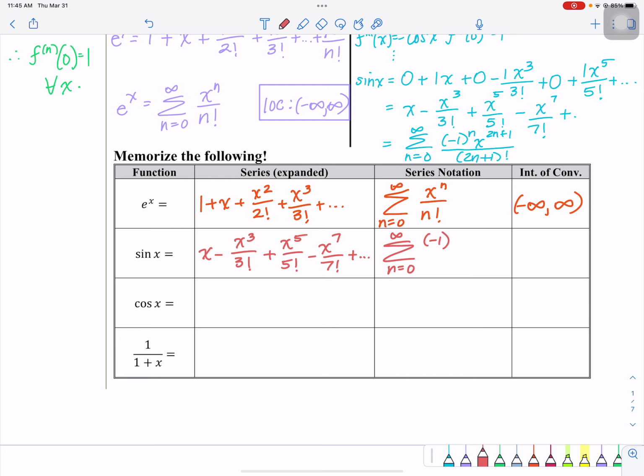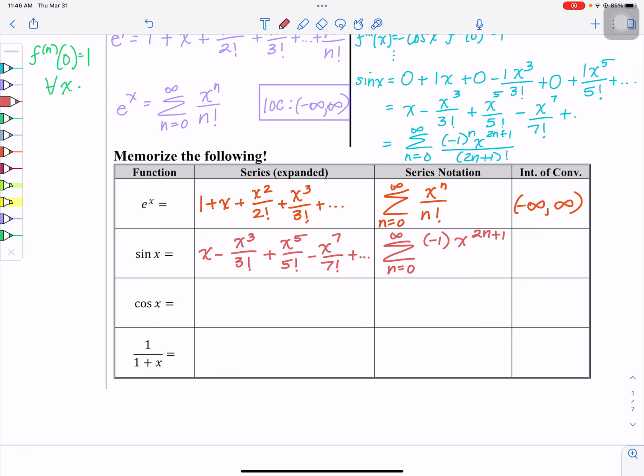We have negative 1 to the n, and then here we have that exponent that gives us odd powers. And also, this interval of convergence is negative infinity to infinity. Just make sure you know that. And we will talk more about that.